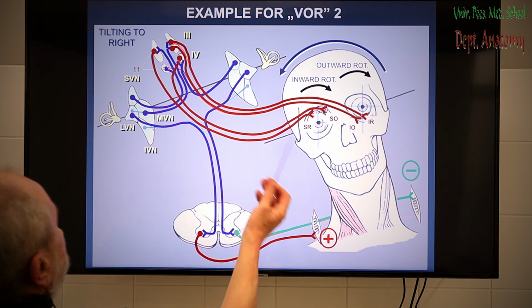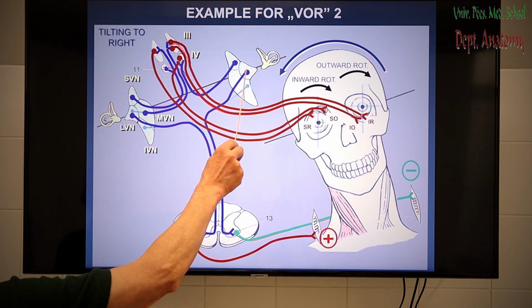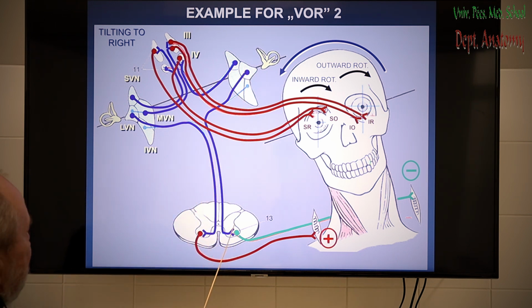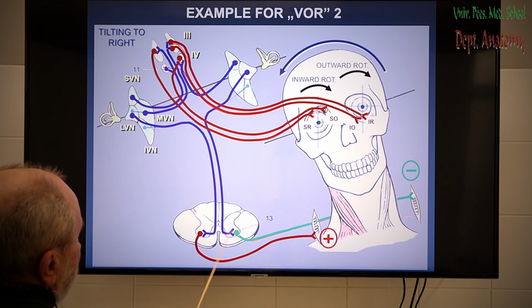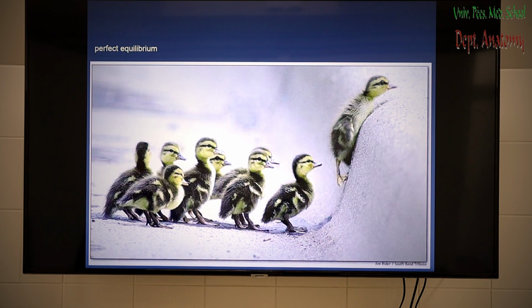Finally, due to these happenings, the cerebellum informs the lateral vestibular nucleus, and that one sends the informing excitement to the inhibitory neurons innervating the muscle of the opposite side.